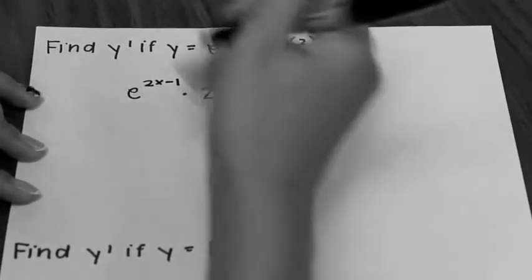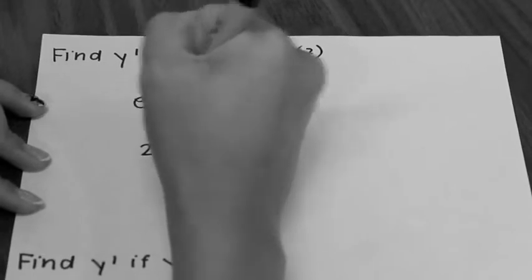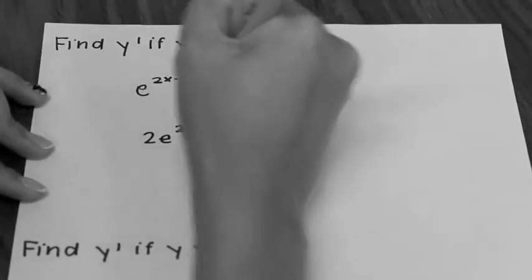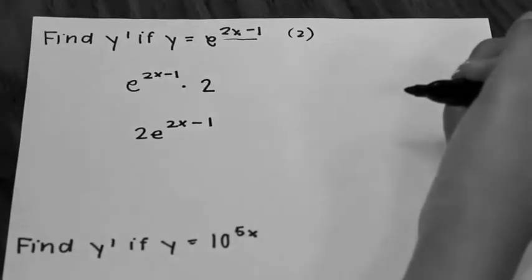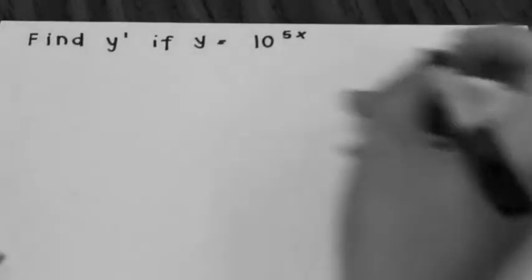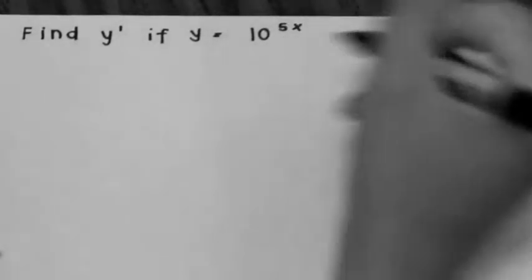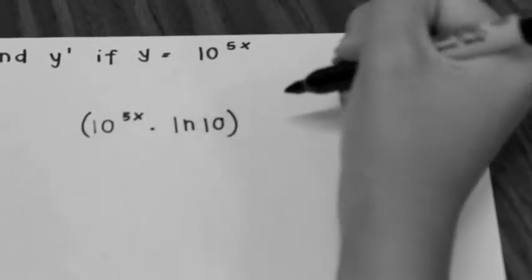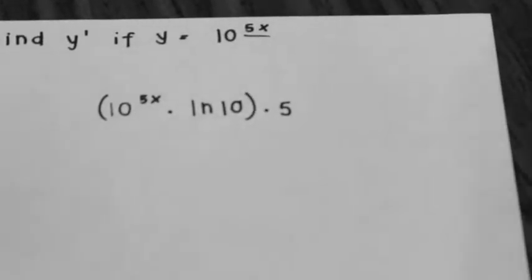And the answer would be 2e to the 2x minus 1. Okay, here's another example. What you would do here is take the original problem and then multiply it by ln of 10, like shown in the properties, and then you would take the chain rule of the exponent, which is 5, and that's the answer.